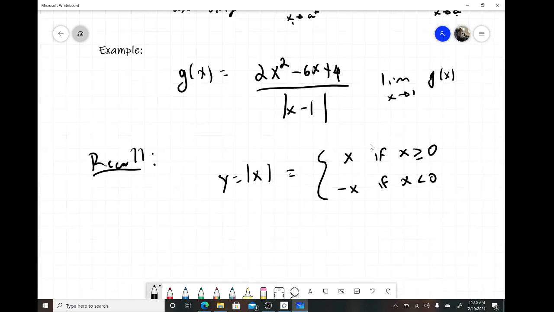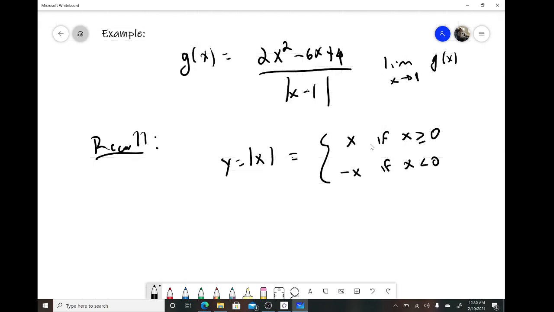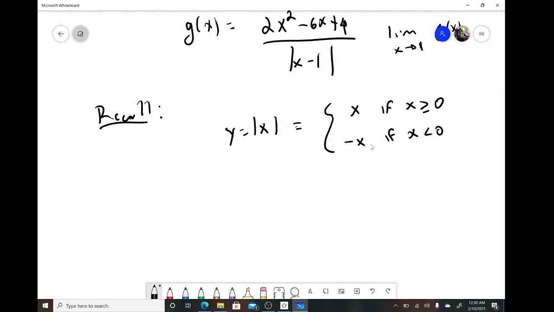I want to find the limit from the left side and the right side as x goes to 1. So what I'm going to do here is write two functions. I'm going to have one for when x is bigger than 1, and I'm going to have one for when x is less than 1.